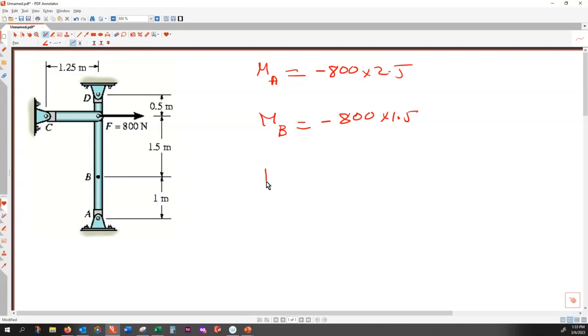The next one is MC. So I want Abdullah to tell me, this one is 800 times what? What is the shortest distance between the 800 force and point C? Or maybe Daniel, Darcy, Flynn, can you tell me what is the shortest distance with respect to point C?